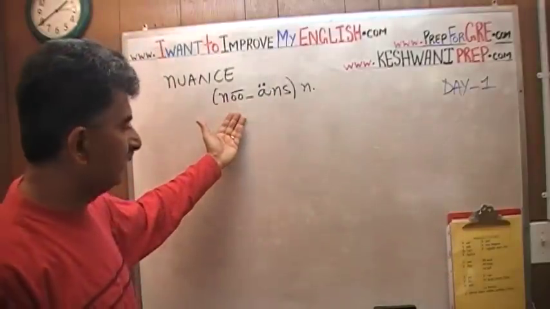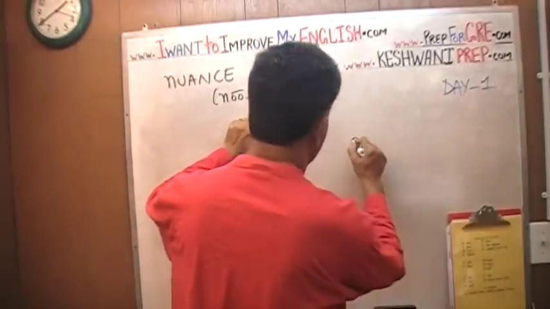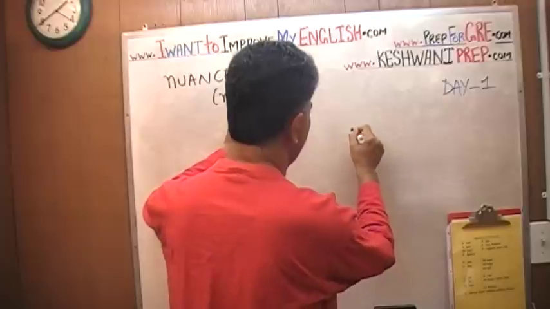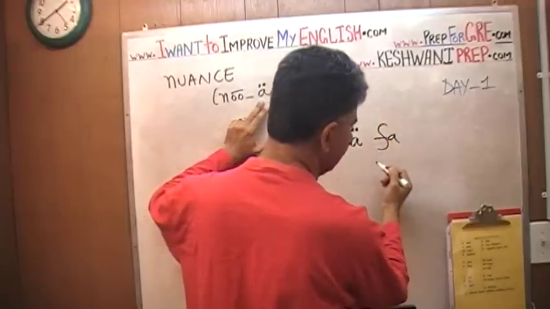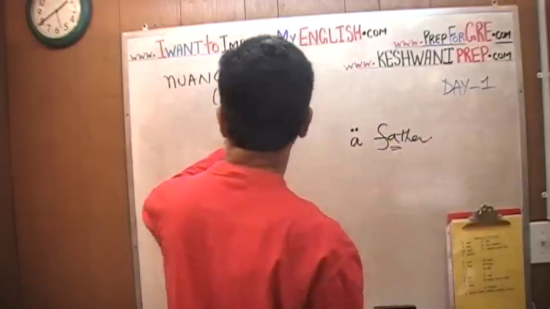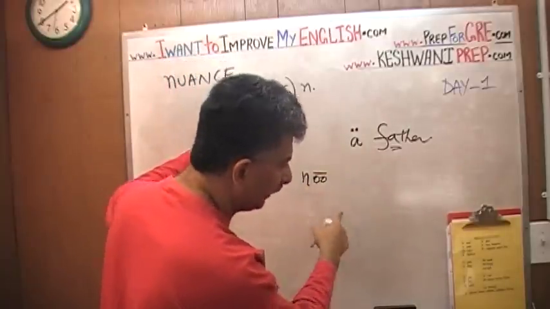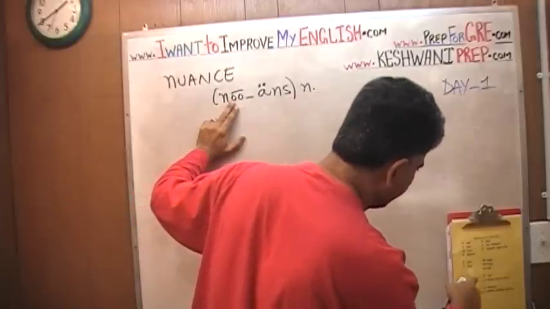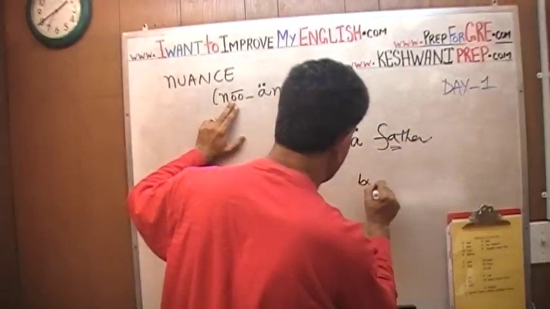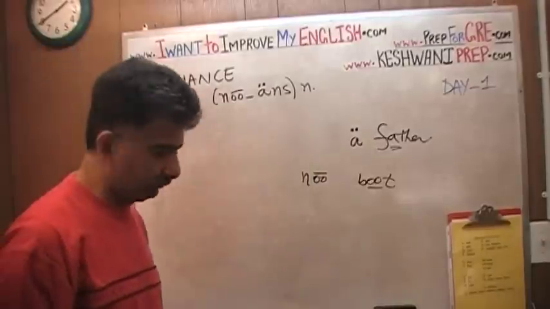And you're going to use this key here. For example, this letter here has the same sound as you find in father. Same thing here. And the one with 2 O's with a line on it should be somewhere here, right here. It is in boot. Boot. Nuance. Nuance. What does it mean?